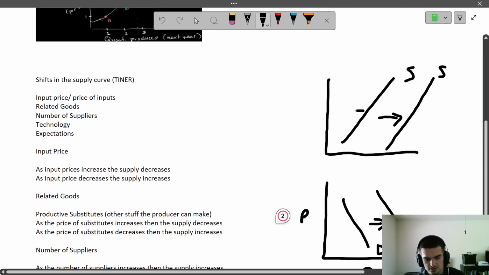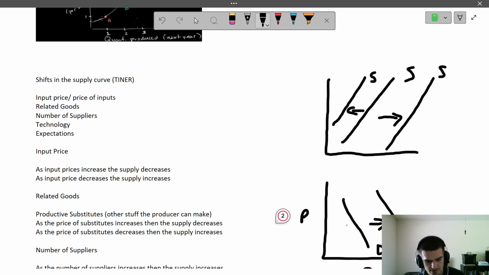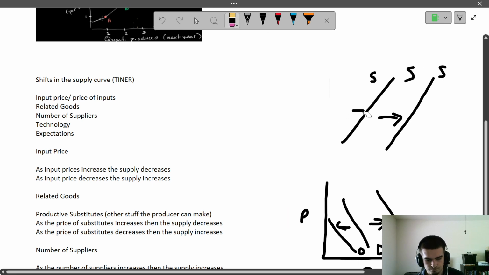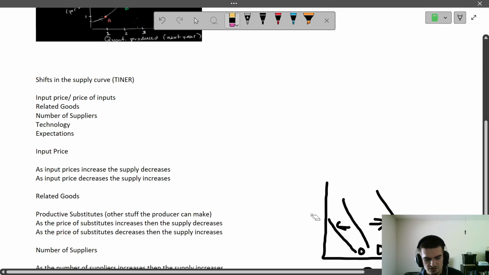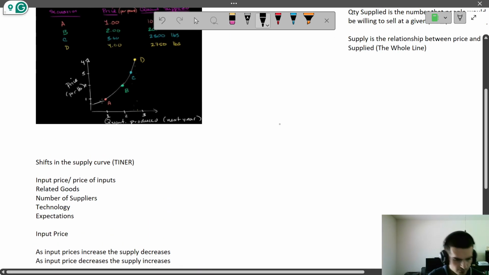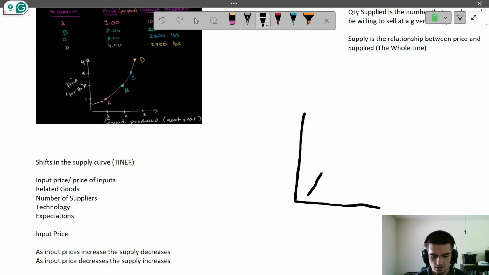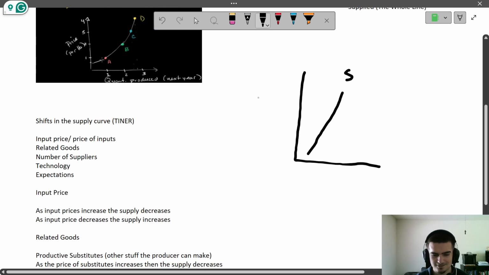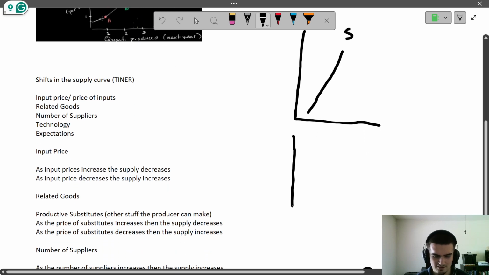But if your supply decreased, you draw it like that. And if demand decreased, you draw it like that. Yeah, probably should have mentioned that. How can you remember how they slope? When you draw supply, it points to the sky. But when you draw demand, demand points to the dirt.